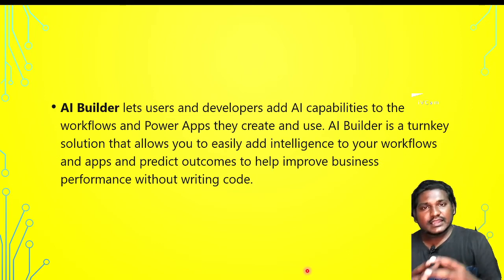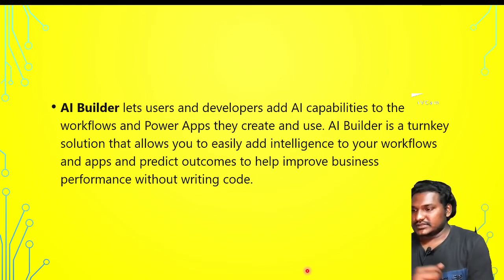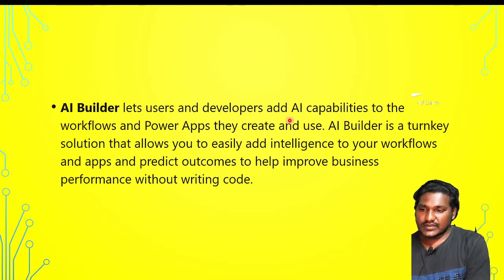See here, AI Builder lets users and developers add AI capabilities to the workflows and Power Apps they create and use. AI Builder is a turnkey solution that allows you to easily add intelligence to your workflows and apps and predict outcomes to help improve business performance without writing code.